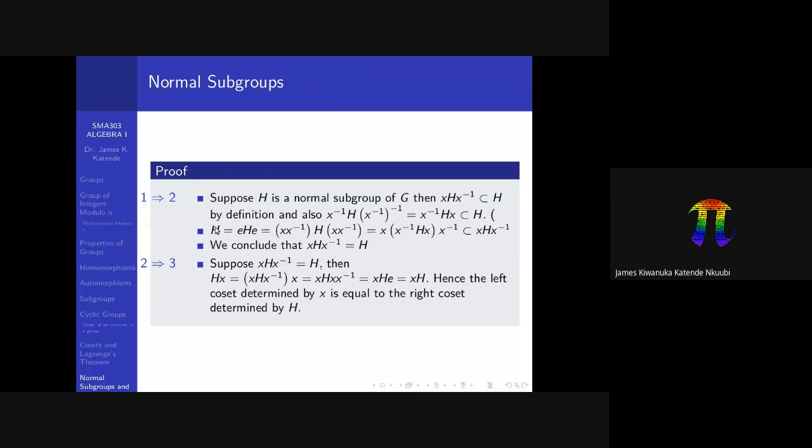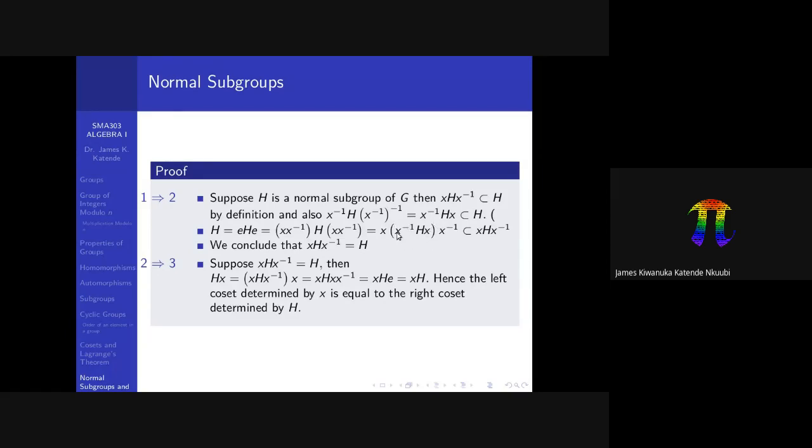So I can write H as EHE, but E is the same as X inverse, and also I can have X inverse on the other end. Since the operation in a group is always associative, I can put my brackets anywhere, so I choose to put them here.